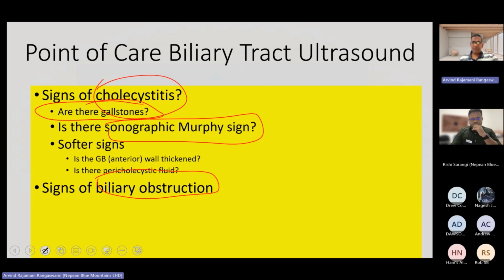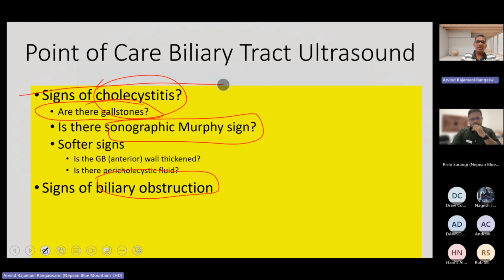Therefore, these are considered softer signs. If they're there, that's great. If they're not there, it doesn't matter. But if the patient does not have the sonographic Murphy sign or does not have gallstones, you cannot diagnose cholecystitis just because they have pericholecystic fluid or gallbladder wall thickening. Is that understood?